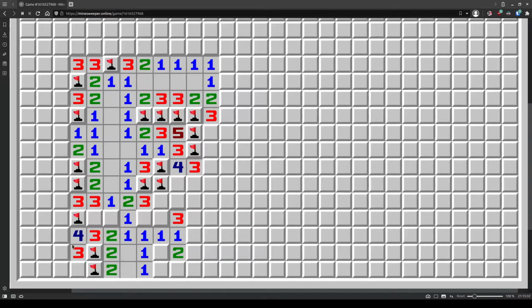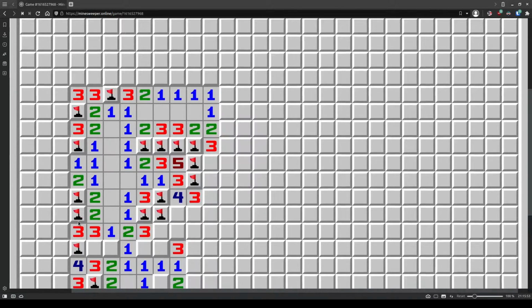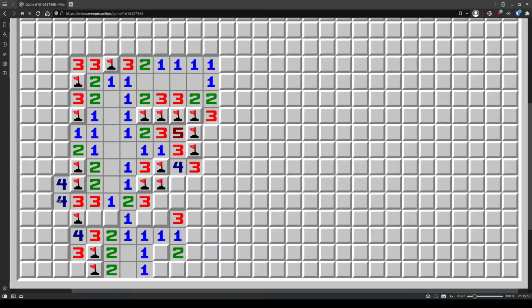The 4 here says that we have 2 mines here, right? We have 1 mine here and 1 mine in these 2 cells, right? The 3 here says we have 1 mine in all these cells. We know from the 4 that these 2 cells have a mine, which means these 2 cells are free.